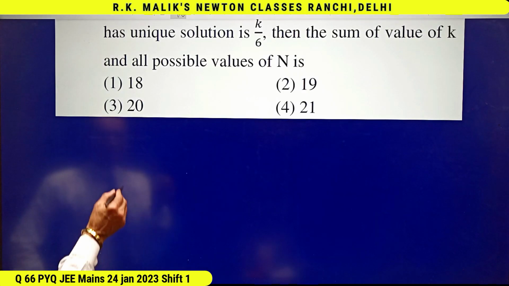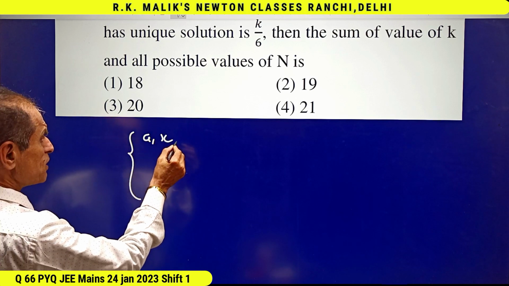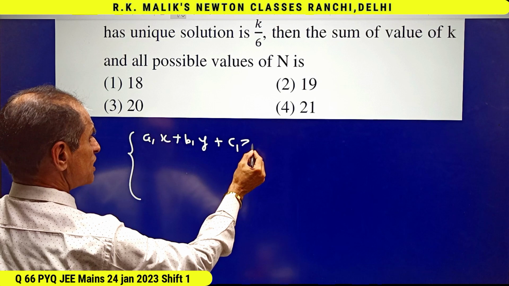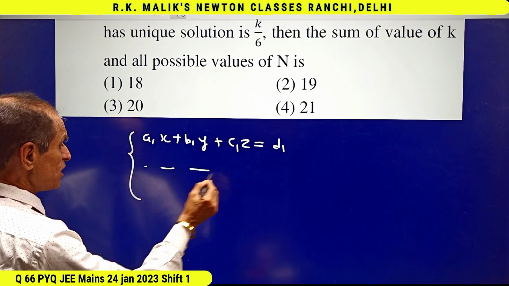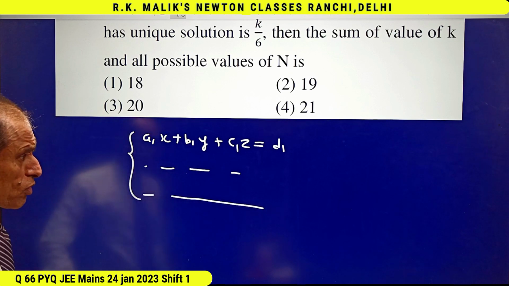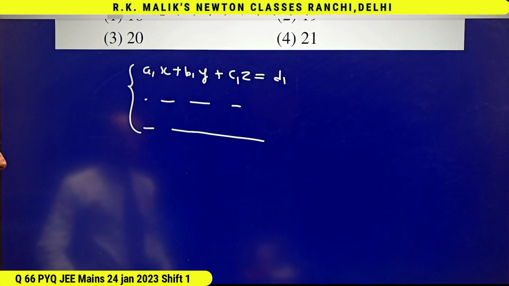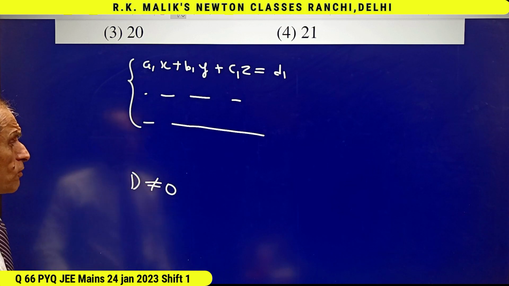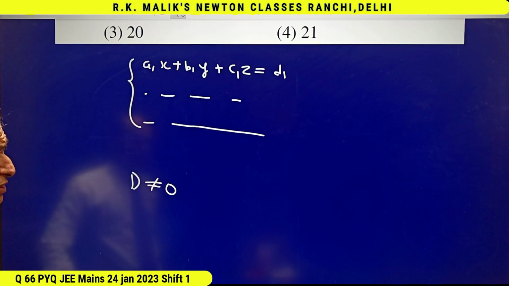We know that if the three equations given to us are a1x plus b1y plus c1z equal to d1, similarly two more are there, and I want to find the number of solutions. You must be knowing that if D is non-zero, then the system of equations has a unique solution.